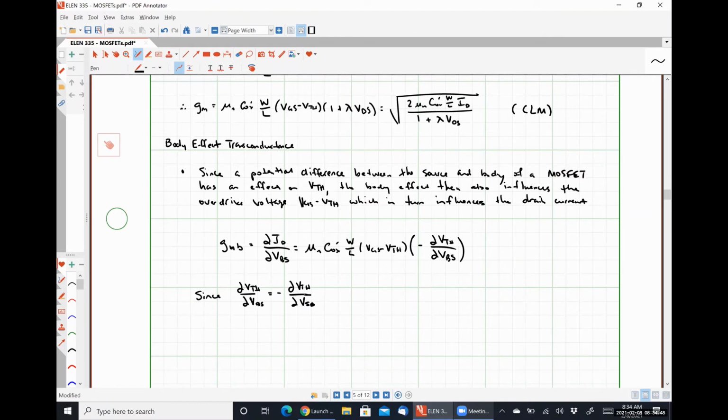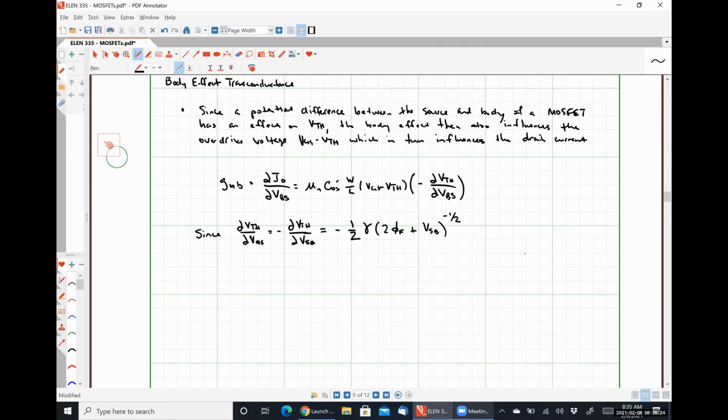So I'm effectively saying here that I can swap the subscripts on my body source voltage to go to a source body voltage by introducing a negative sign. And then from our definition of the body effect, we get minus 1/2 gamma, our body effect coefficient, times twice Vf plus VSB to the negative 1/2 power.